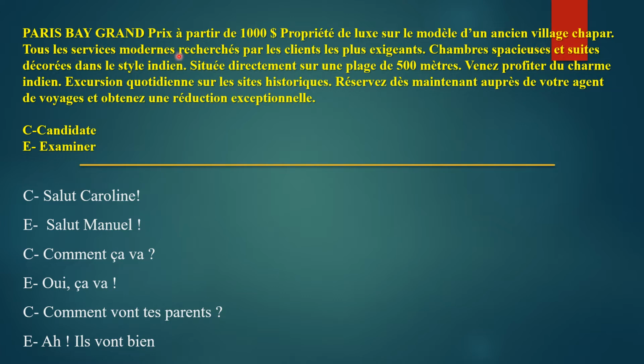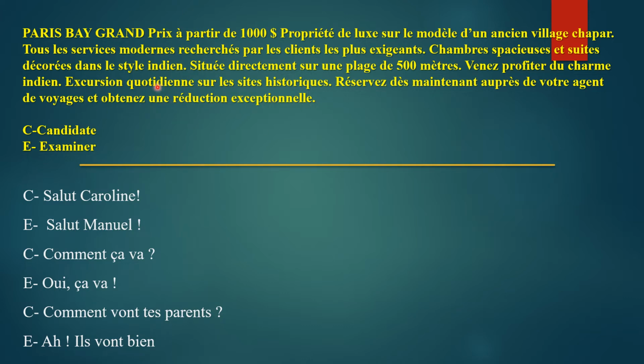Tous les services modernes recherchés par les clients les plus exigeants, chambres spacieuses et suites décorées dans le style indien. Situé directement sur une plage de 500 mètres, venez profiter du champ indien, excursion quotidienne sur le site historique. Réservez dès maintenant auprès de votre agent de voyage et obtenez une réduction exceptionnelle.